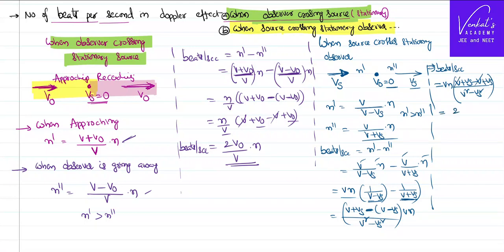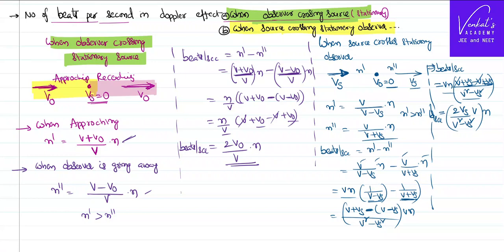The number of beats per second is 2 times the velocity of the source, Vs, into V, over the denominator V square minus Vs square, of N. That's the equation. You can use that equation directly, but we can make a little correction further.